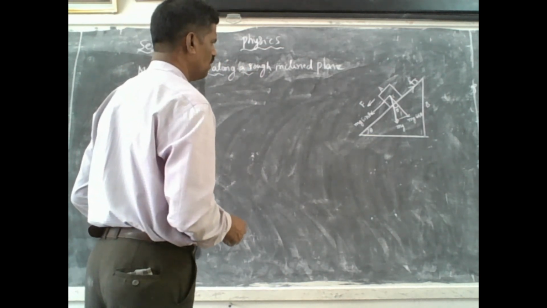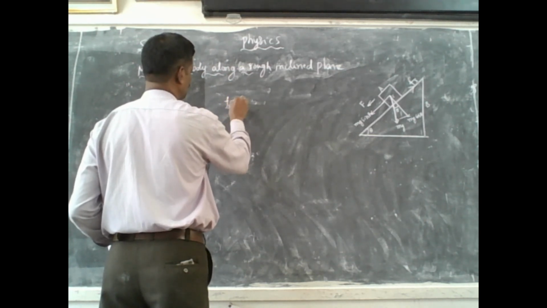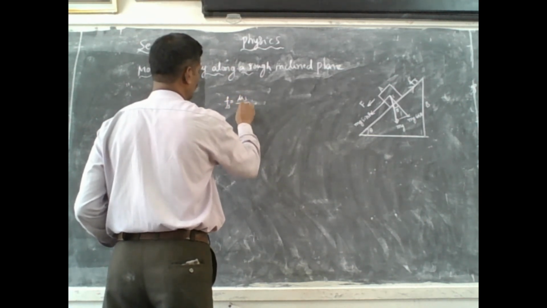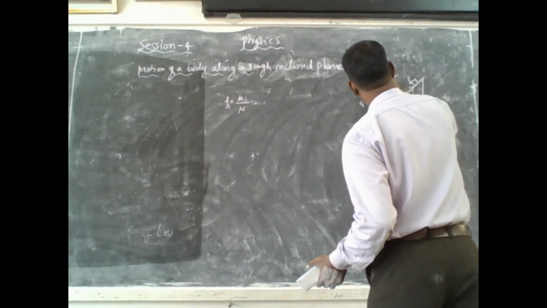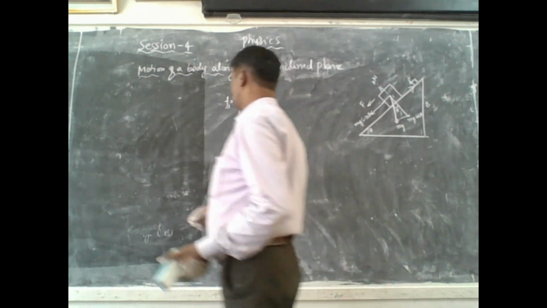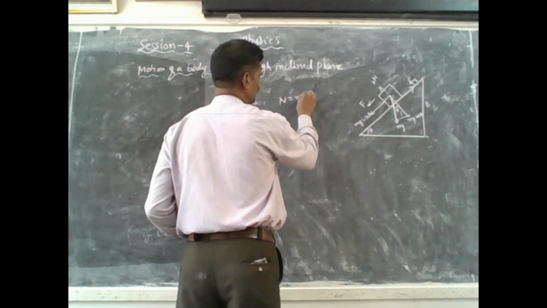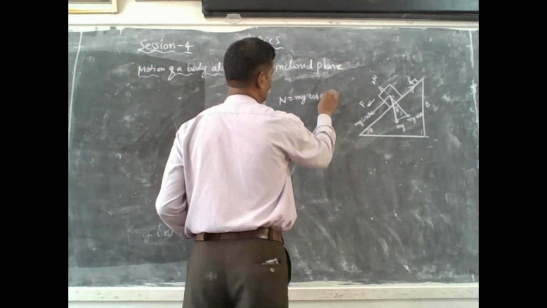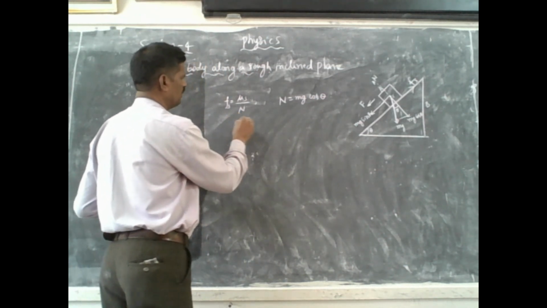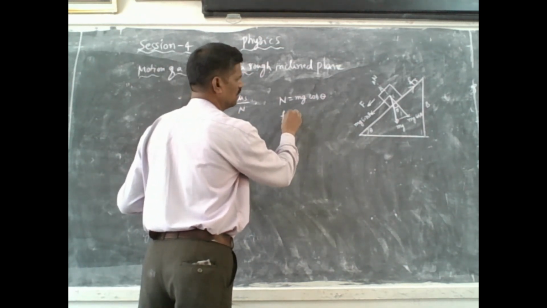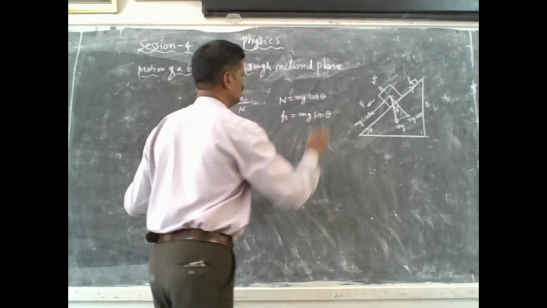Now we know that the force of friction Fs is equal to mu s N. What is N here? N is equal to mg cos theta, and the force down the plane is mg sin theta, isn't it?